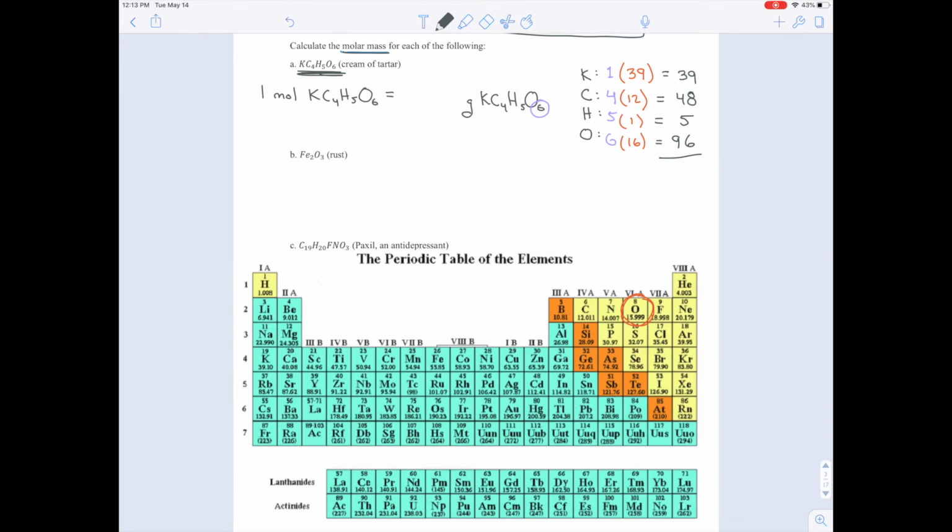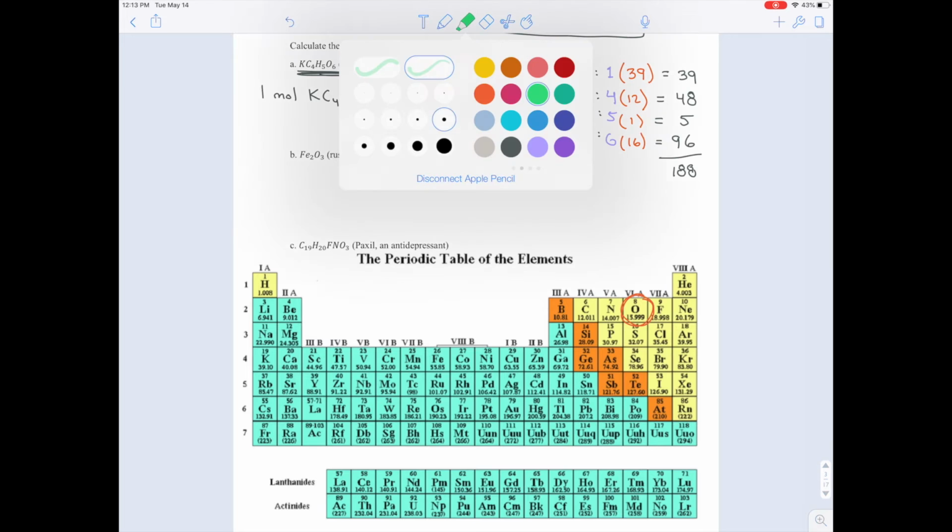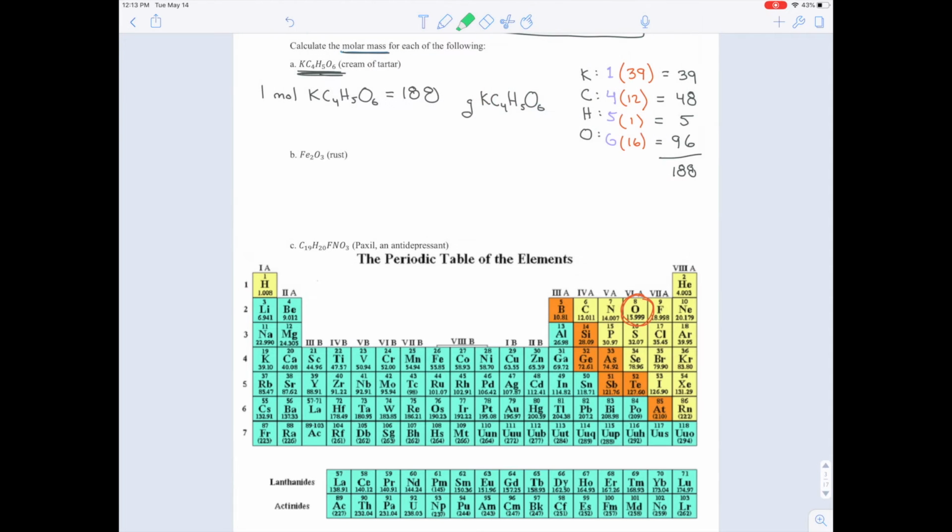So the number of grams in 1 mole of this whole compound will be the sum of all the grams individually. So that'd be 39 plus 48 plus 5 plus 96. That's 188 grams. So there would be 188 grams of KC4H5O6 in 1 mole of this compound.